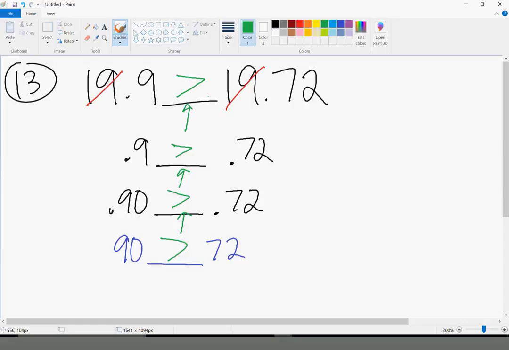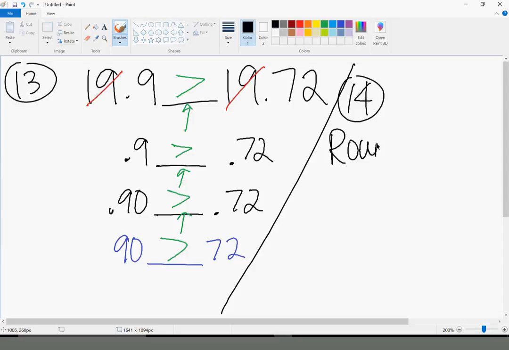So you want to compare decimals by getting the same decimal values in each. So greater than would be your answer here.